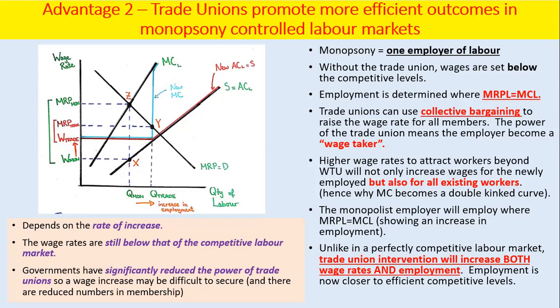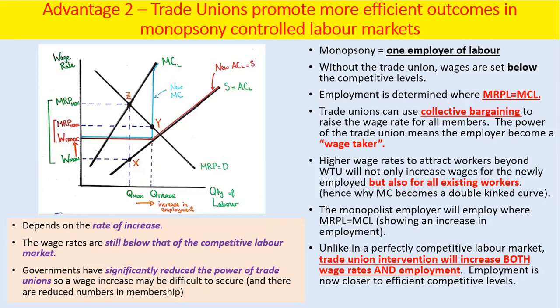So even though in theory, trade union intervention in a monopsony will increase wages and it will increase employment, due to the regulation and intervention from government, it is actually quite difficult for unions to fight for higher wages in a monopsony labour market, because the government has capped a lot of their ability. And so even though it's good we have higher wages and higher levels of employment, it's more difficult to bring about that benefit because unions have capped their power.